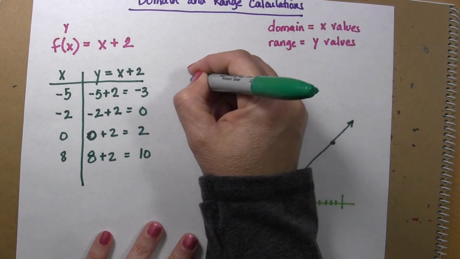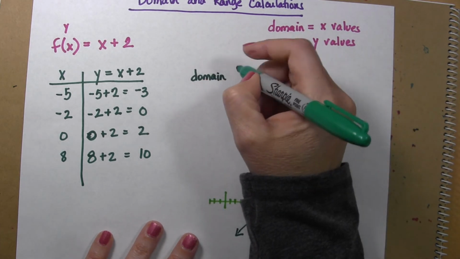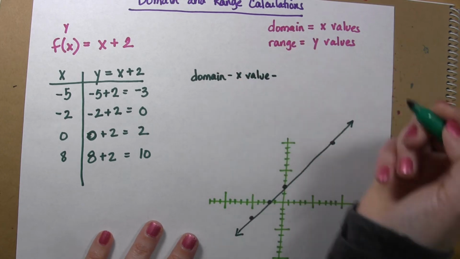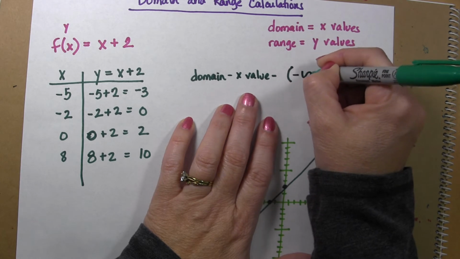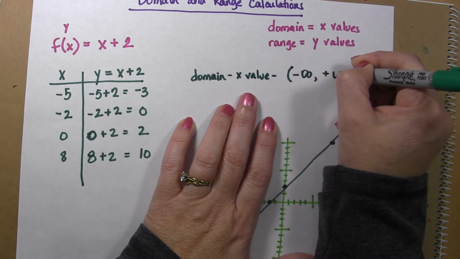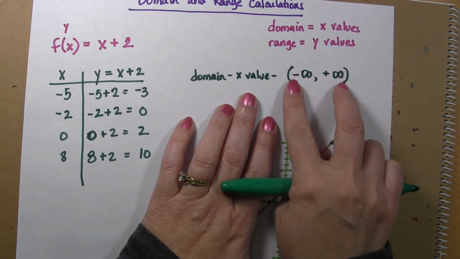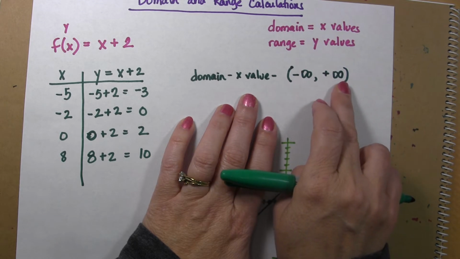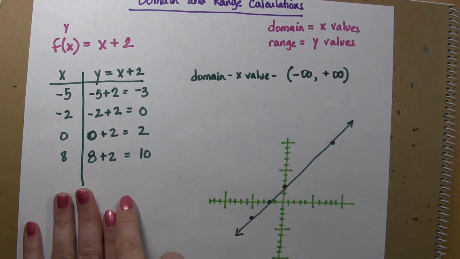So I'm going to say that my domain, which is my x value, has no limits. So it can go all the way from negative infinity to positive infinity, right? And this is interval notation. I put the parentheses here because it never actually touches negative infinity and it never actually touches positive infinity, right? But my x could go from way over here all the way to way over here and it would be fine.